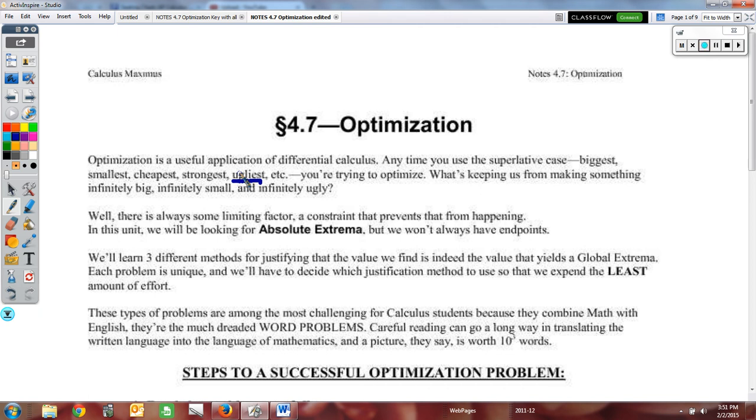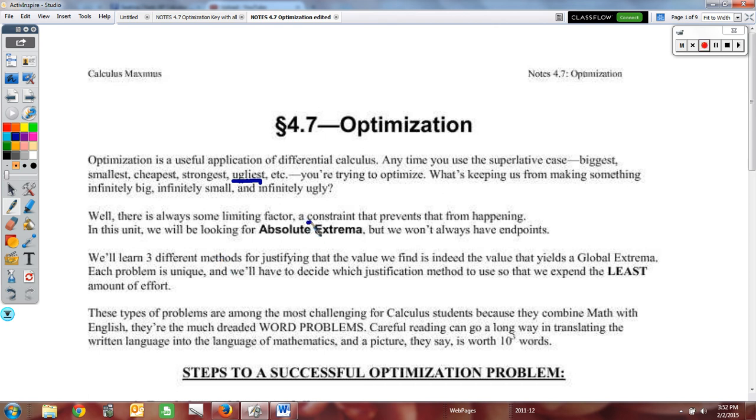And so this is why this is in chapter 4, which if you look back at our beginning, 4.1 to 4.6, all of that is about trying to determine the extrema of a graph. Now, usually what happens is you've got some quantity that's changing, and there must be some constraint or a limiting factor.